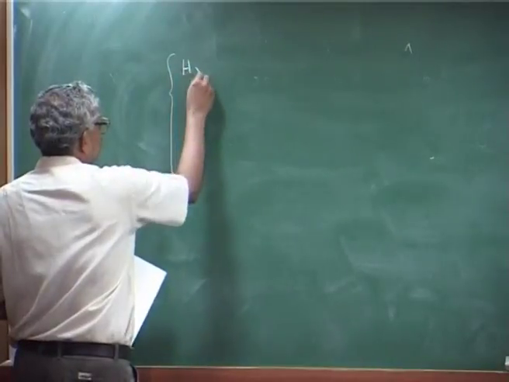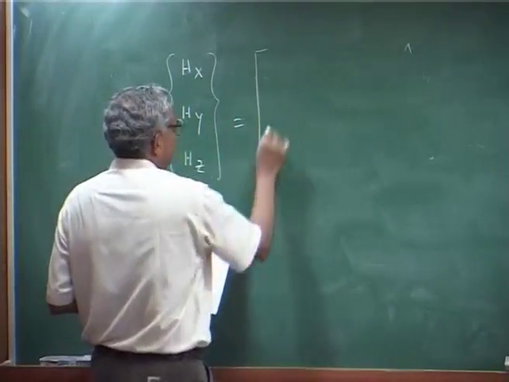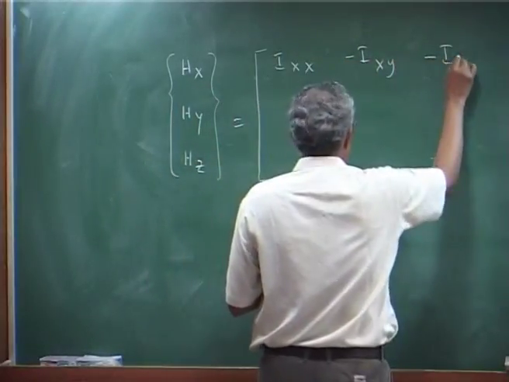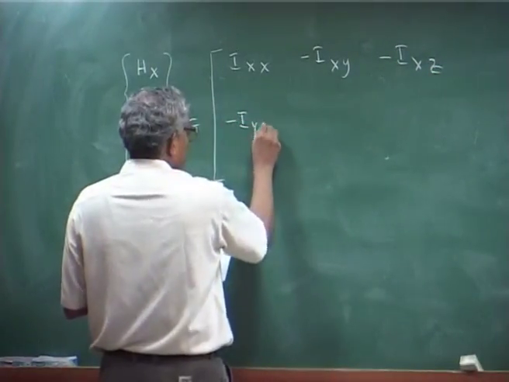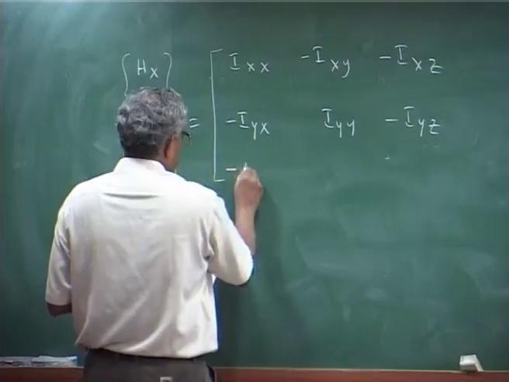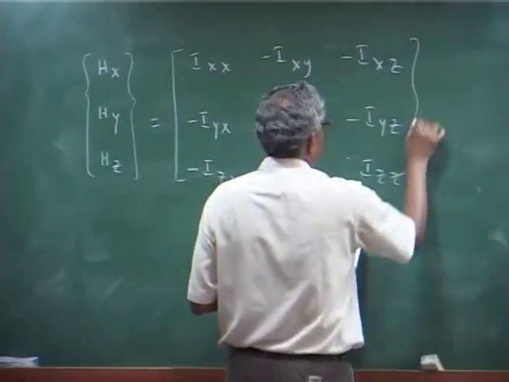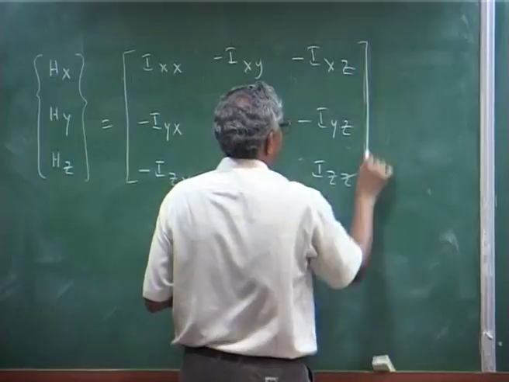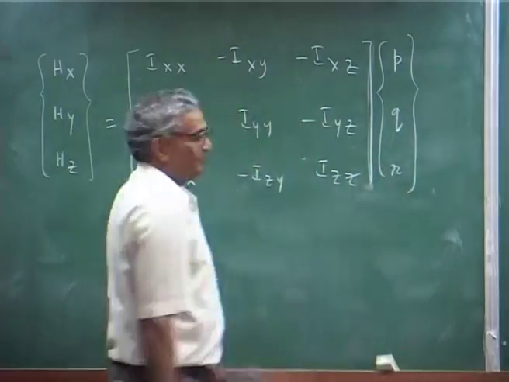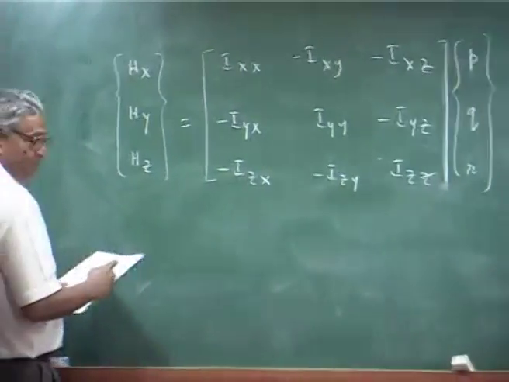So, I am writing here Hx, Hy, Hz, because angular momentum is a vector, equals the inertia matrix, which is a symmetric matrix, with Iyz, minus Izx, Izy, Izz, multiplied by P, Q, R. This is my angular momentum of the body, the H vector.